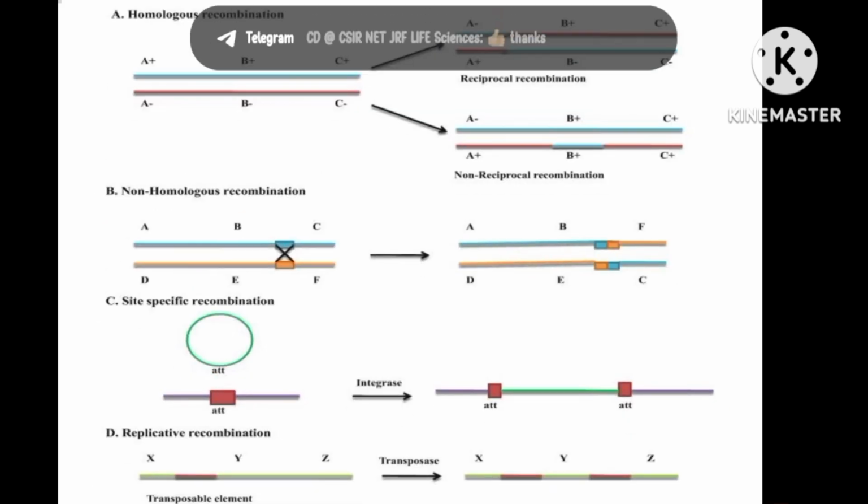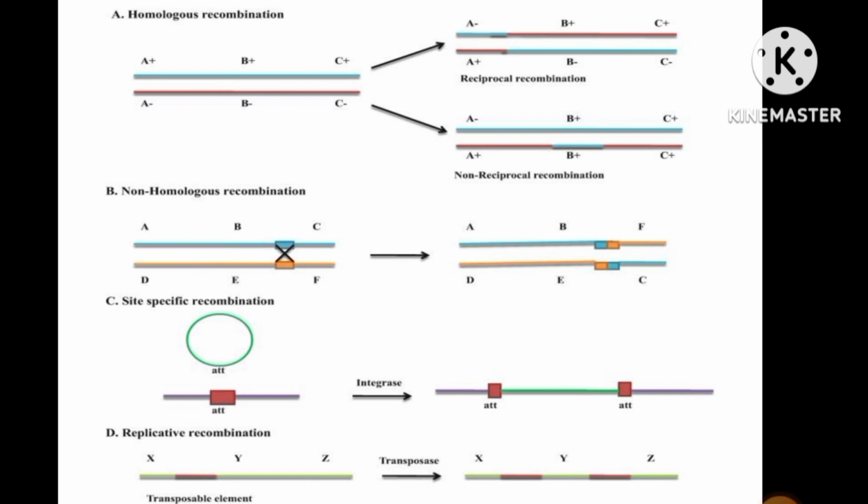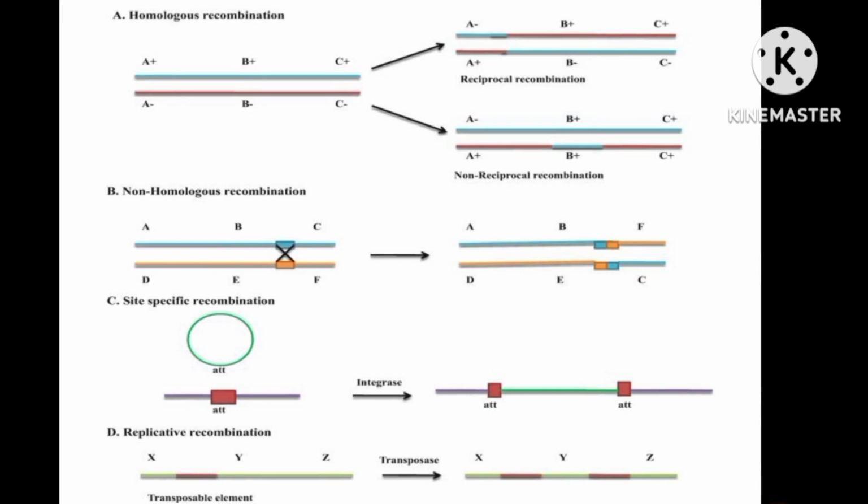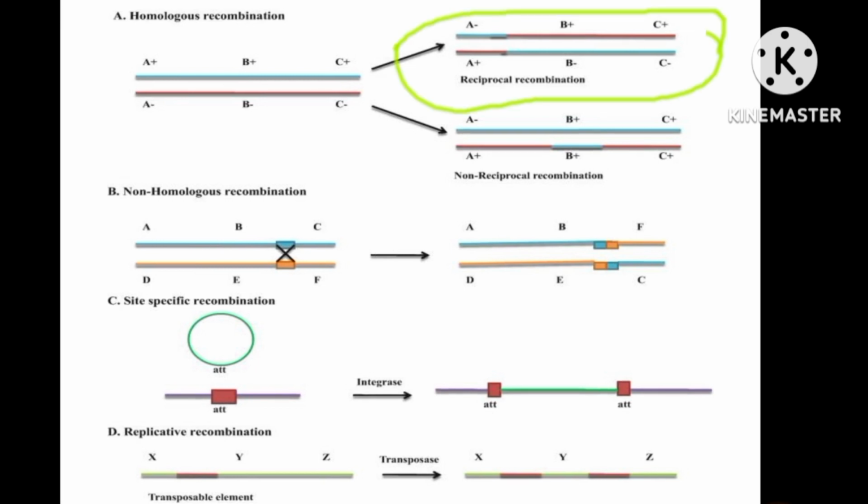Here all the recombination types are represented pictorially. The first one is homologous recombination. A plus, B plus, and C are the homologous chromosomes. In reciprocal recombination, the blue segment is a part of A positive, whereas the red segment is a part of A negative, and both exchange genetic material.